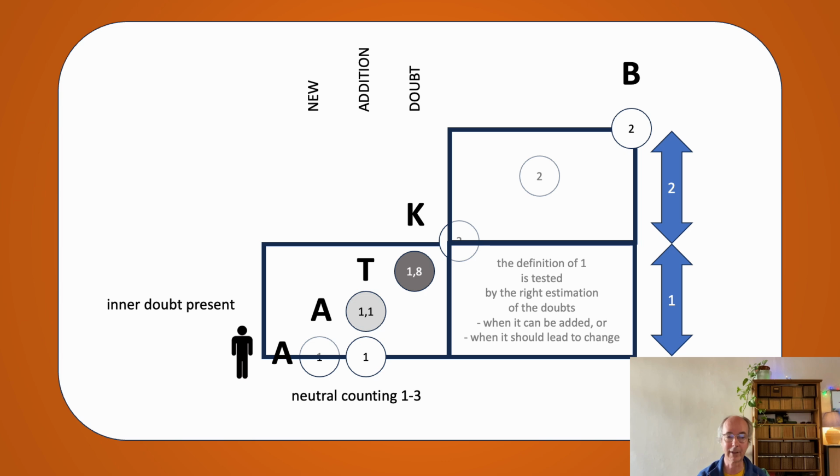This definition of one was already tested. It was tested with a T to say like, okay, with these features, I can still add it. And with this, when there were too many elements that didn't add up, okay, I had already some doubts. I had to make adaptations. So this kind of thinking process will happen before you come from A to B as well.